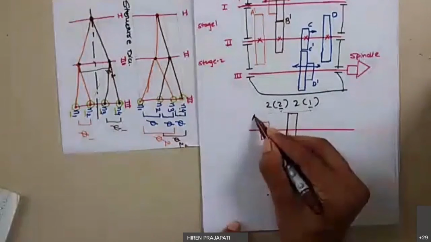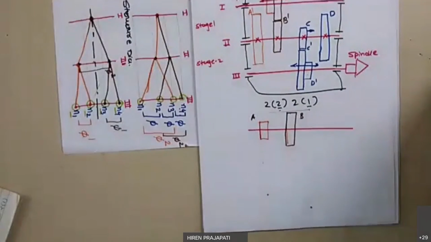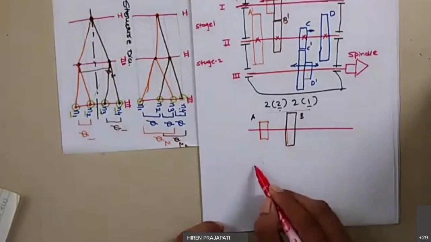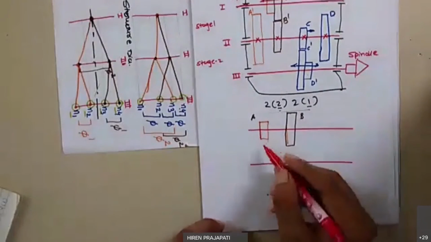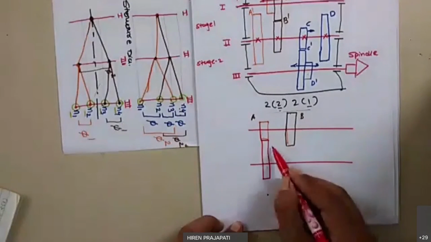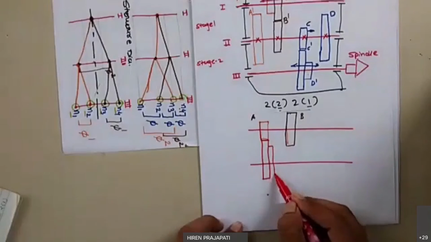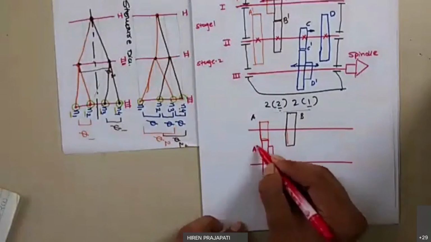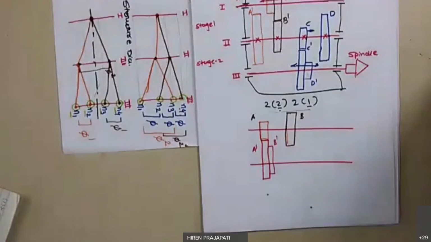So I call this A and this B, and I consider a gear cluster here. So this is A dash and this one is B dash.